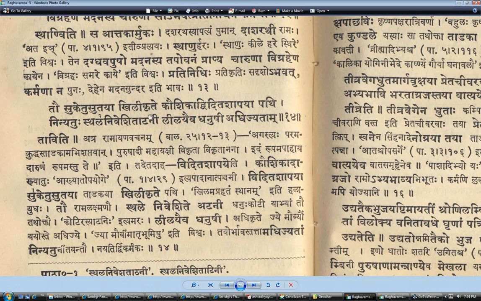So you can say Tadakaya Suketusutaya, Kaushika viditashapaya khilikrite pathi. This khilikrite is qualifying pathi. Khilikrite is a passive form, so the doer has gone to the passive. Pathi means on the way.